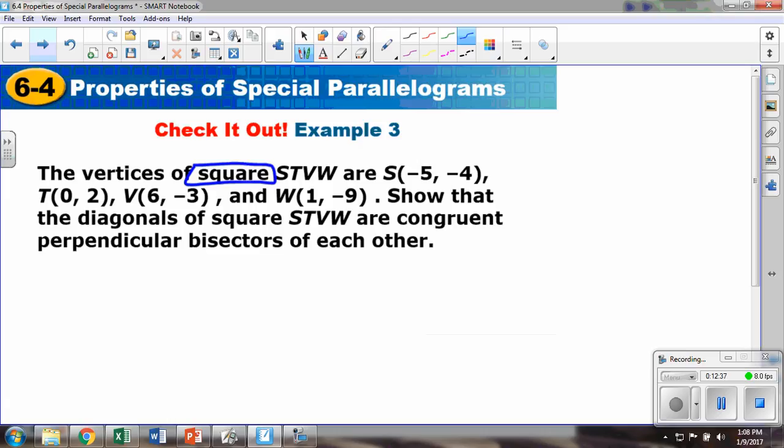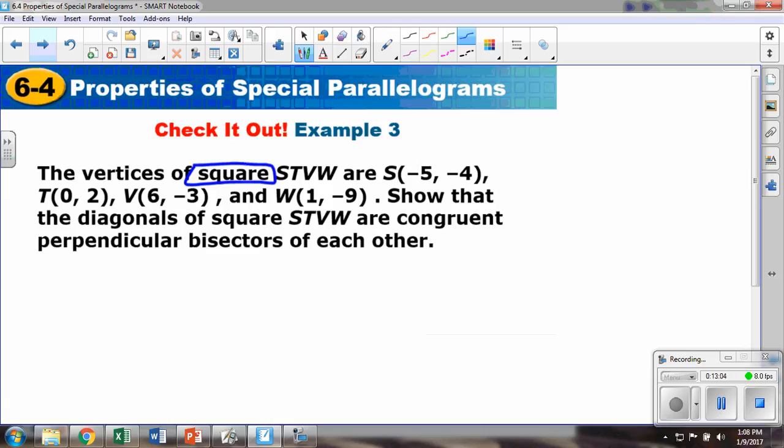They're rectangles, so we know that their diagonals are congruent. Squares are rhombuses, so we know that their diagonals are perpendicular. We know that their diagonals will bisect the angles. And because they're also parallelograms, we know that opposite sides are parallel. We know opposite angles are congruent. Opposite sides are congruent. Consecutive angles are supplementary. We know the diagonals bisect each other. We get all of those things about squares.